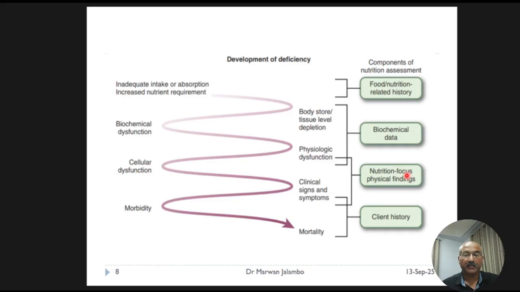If left unaddressed, this can lead to morbidity and maybe ultimately mortality. So our goal as practitioners, dietitians, nutritionists, physicians, is to intervene as early in this process as possible.